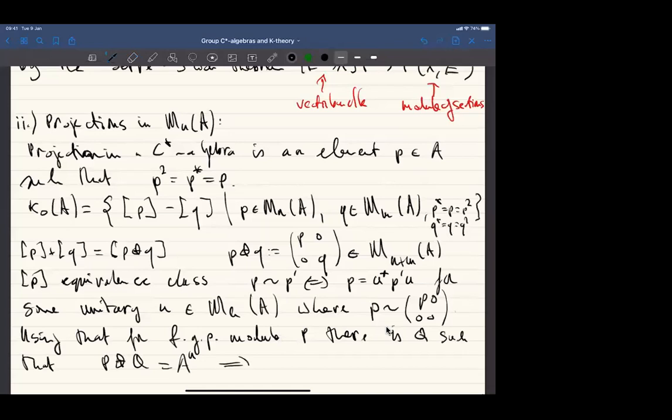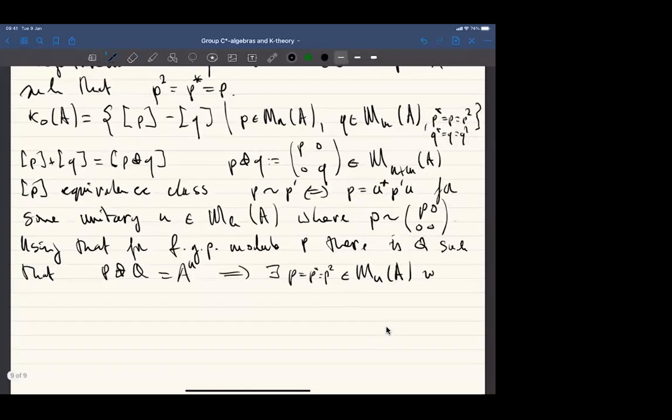Then it follows that there exists a projection P equal to P star equal to P squared in M_n of A, the same n as in A to the n, such that P as a projective module is isomorphic to the compression of A to the n by P. And so this means that from such projections, you get a projective module and vice versa.